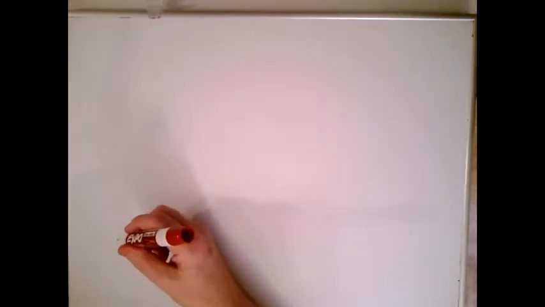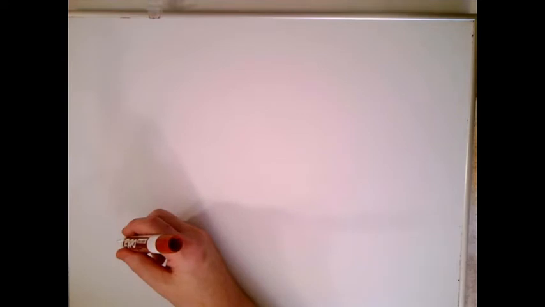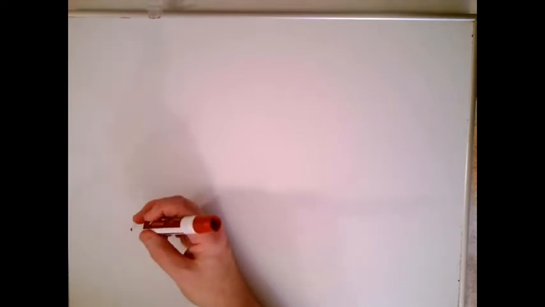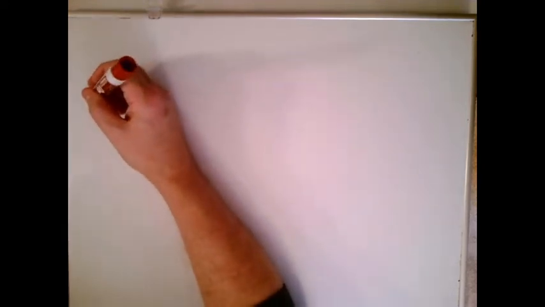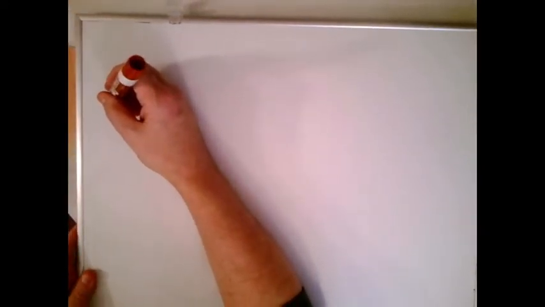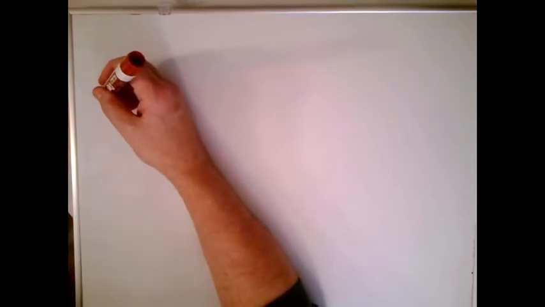The next two properties assume that neither vector is the 0 vector. So how can we write this down? How can I write down that neither the u vector nor the v vector is 0?